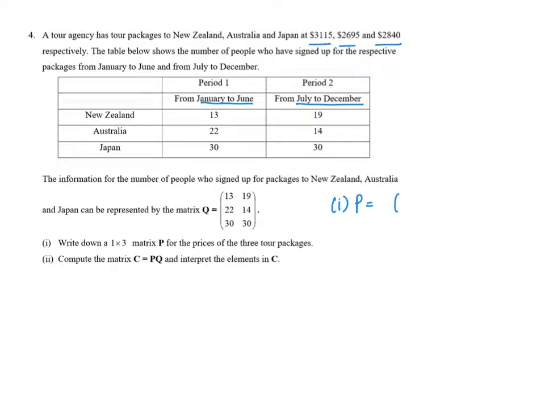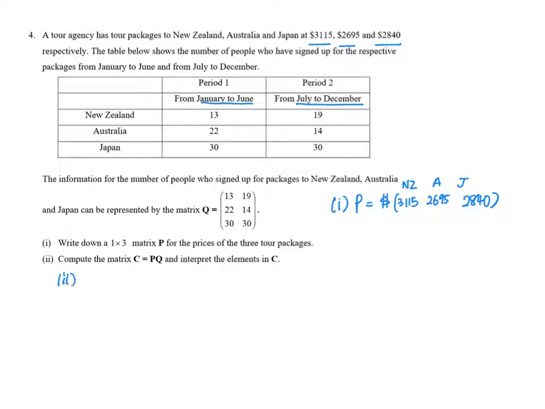Since it's talking about price, this will be price, and the 3 different locations will be New Zealand, Australia, and Japan. So that will be 3,115, 2,695, and 2,840. Now they ask us to compute the matrix P times Q, price times the quantity in this case.